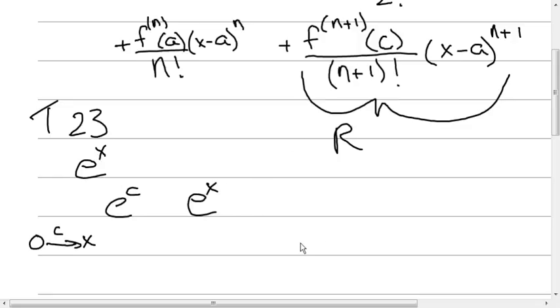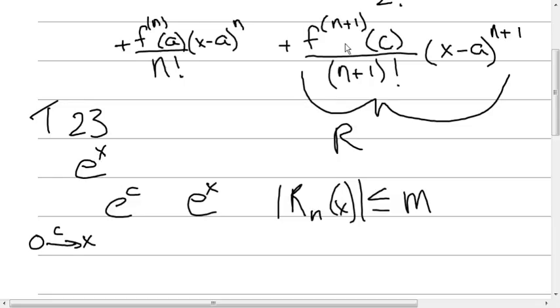So let's make this a little more formal, as they do in theorem 23, and say the absolute value of R_n of x is going to be less than or equal to M, which is our fudge factor. Nothing more than a fudge factor. It's sitting right here.